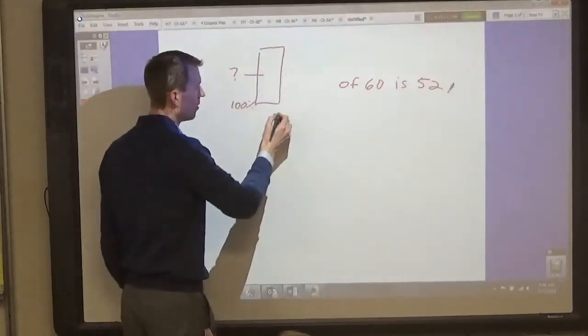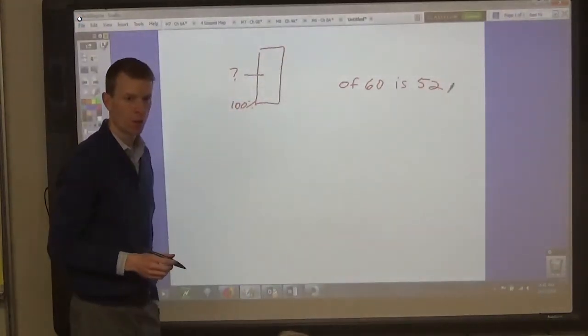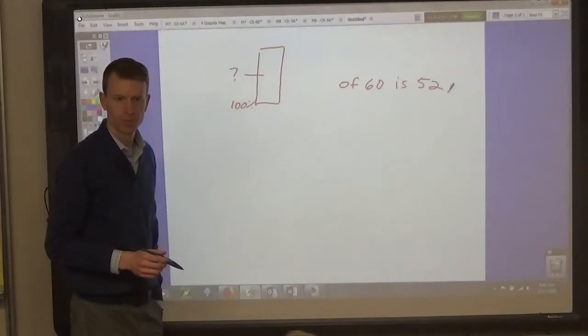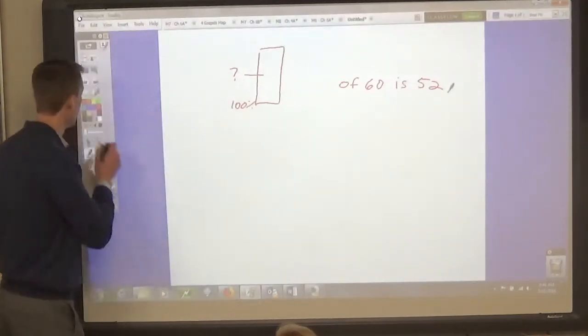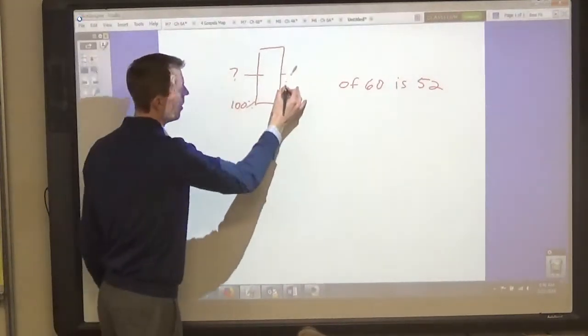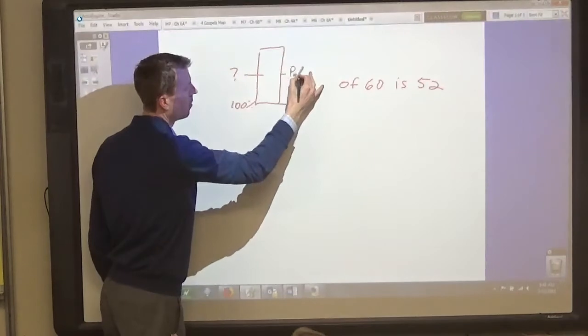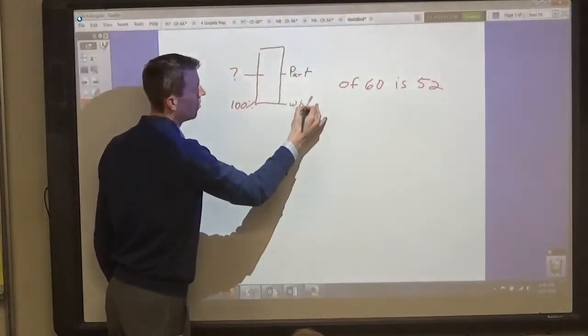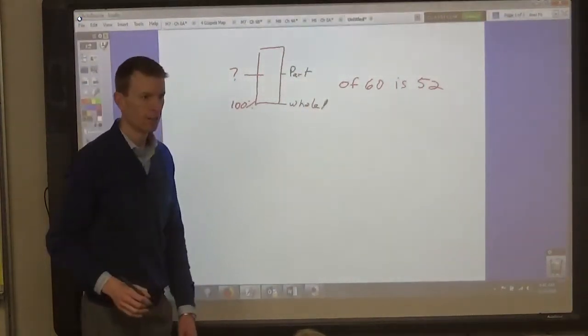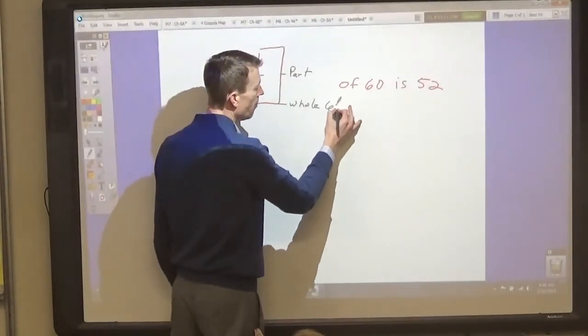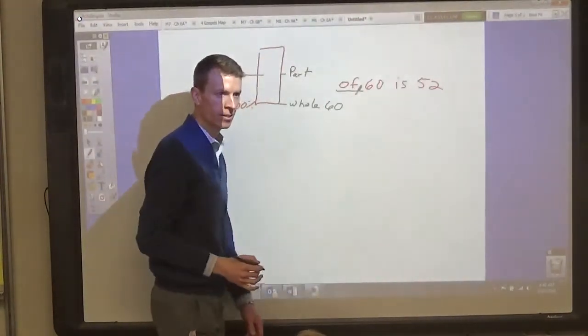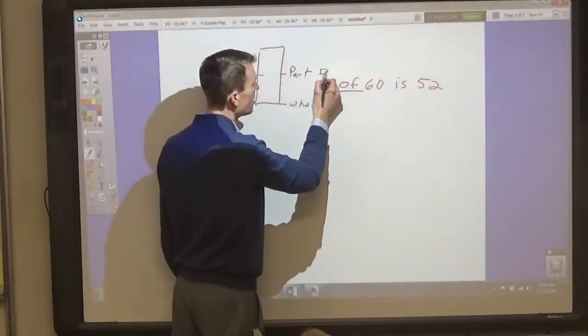Which one goes where, for the whole and the part? This is the part, and this is the whole. Which one goes where? Katie? 60 is the whole. Right, 60 is the whole because it says of 60, and 52 is the part.